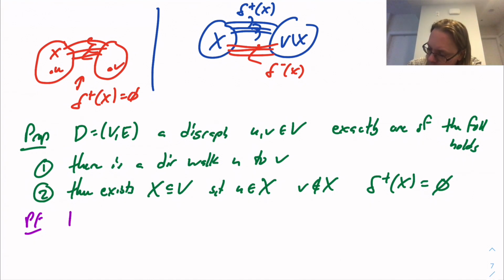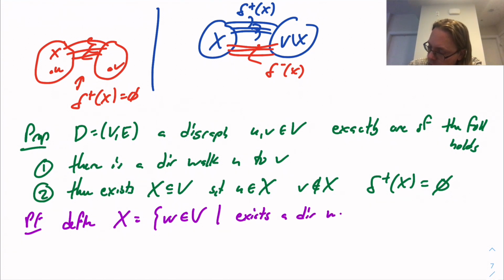So I'm going to define x to be the set of all vertices, let's say w, such that there exists a directed walk from U to w. So x is all the vertices that you can reach if you start at U and follow along a directed walk.